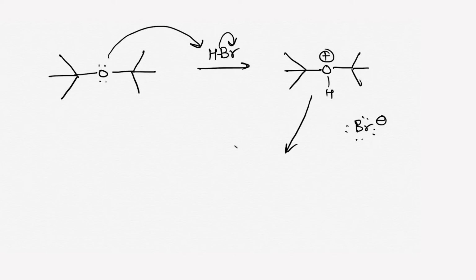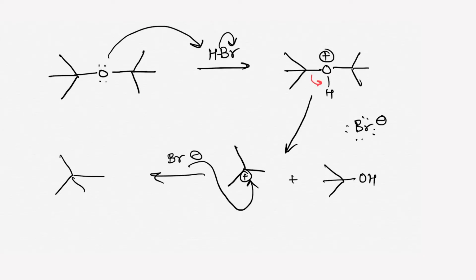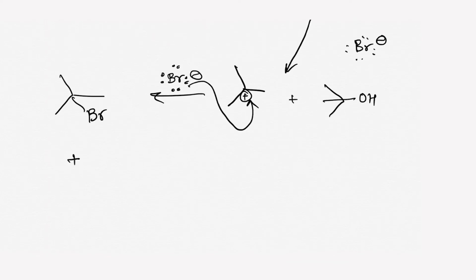In fact, what happens next is an SN1 like reaction wherein one of the tertiary butyl carbocations will be formed, with the alcohol as a leaving group, and then the bromide will attack, forming the final product, which is tertiary butyl bromide and tertiary butanol.